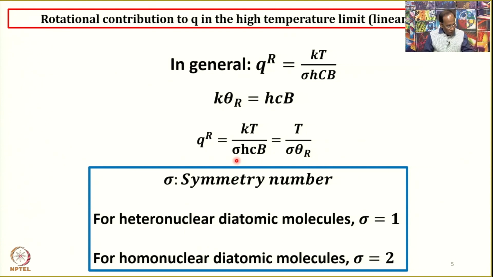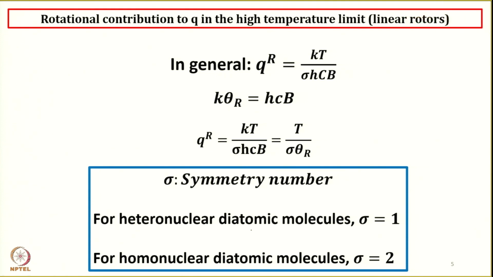Sigma, as we just discussed, is the symmetry number. For heteronuclear diatomic molecules, that is for molecule type AB, when you rotate by 180 degrees, you can distinguish between A and B. So sigma is equal to 1, and you don't require the correction.